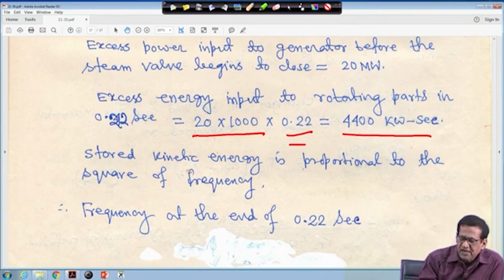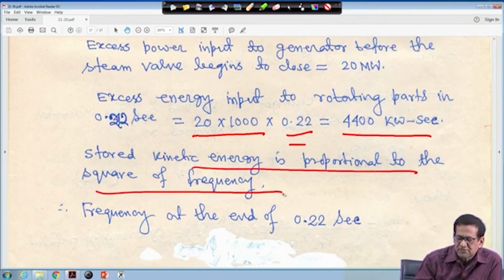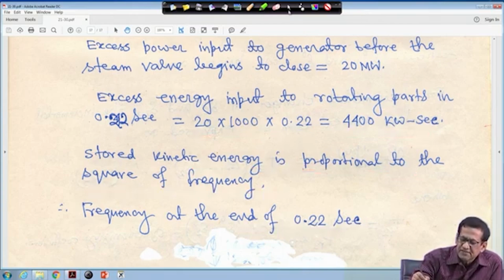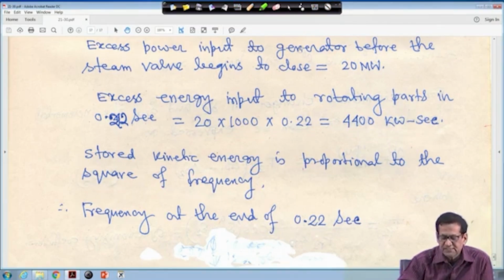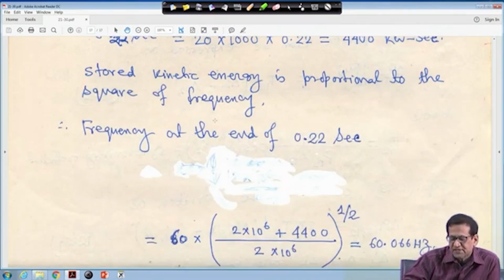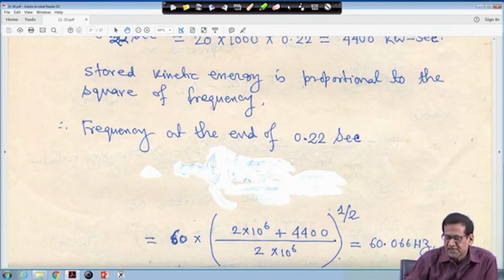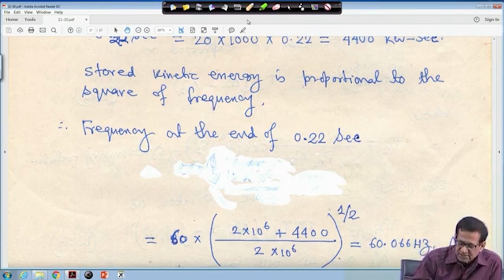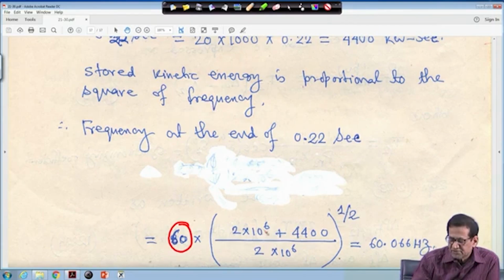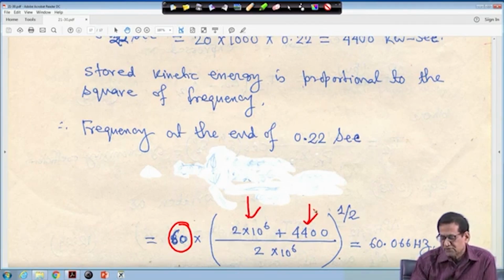Now the stored kinetic energy is proportional to the square of the frequency or speed. So the frequency at the end of 0.22 second is 60 into the square root of the initial 2 into 10 to the power 6 plus 4400, divided by 2 into 10 to the power 6.